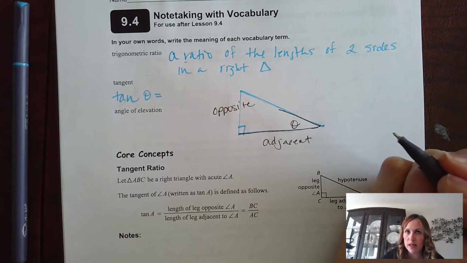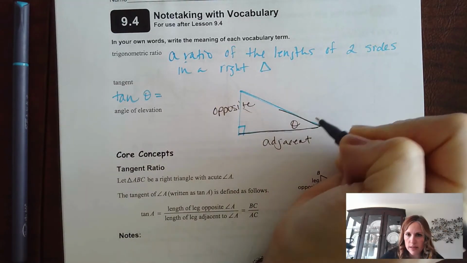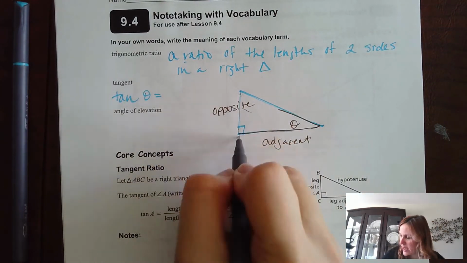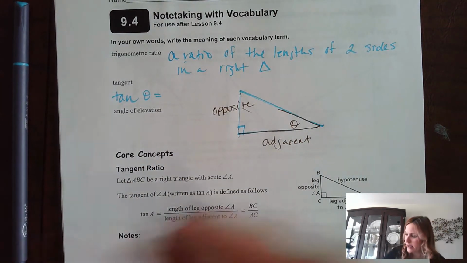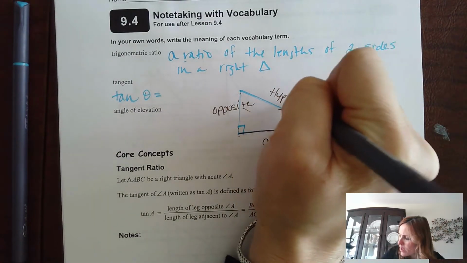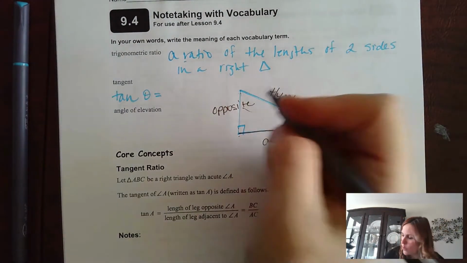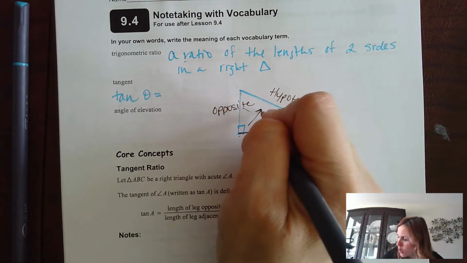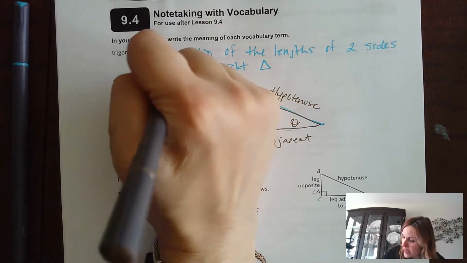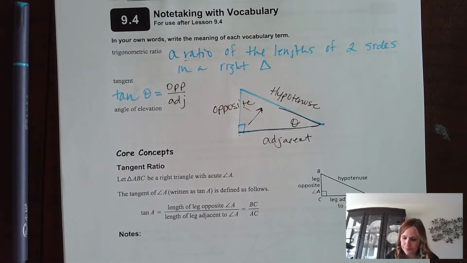The one that's straight across from the angle is called our opposite leg. And the longest side of the right triangle is called the hypotenuse, the one across from the right angle. So what tangent represents is a ratio of the opposite side over the adjacent side.